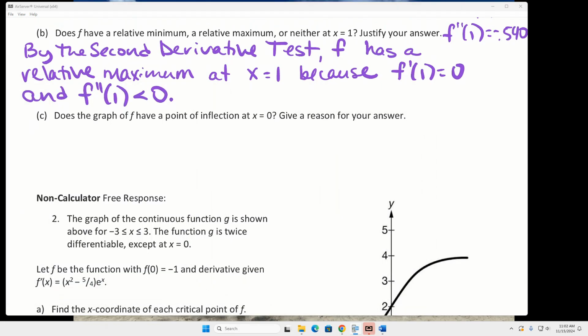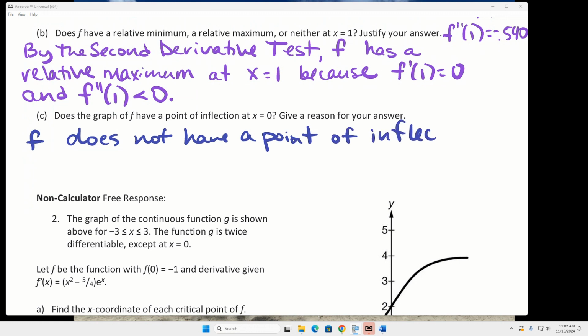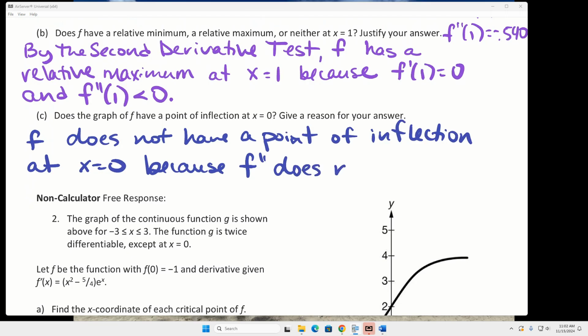Just say no. F does not have a point of inflection at x equals 0 because f double prime does not change sign.